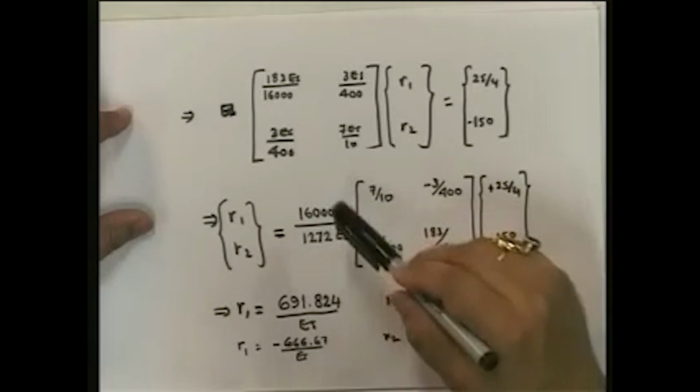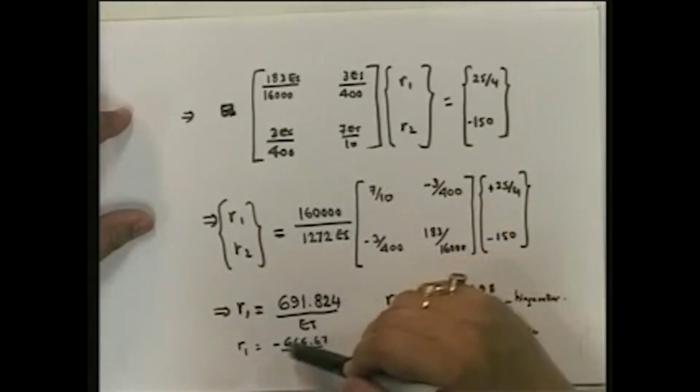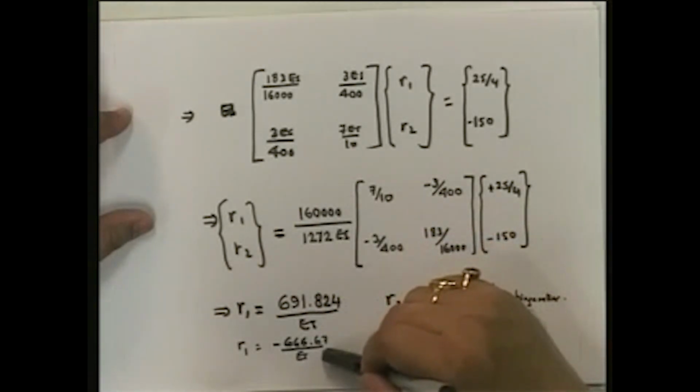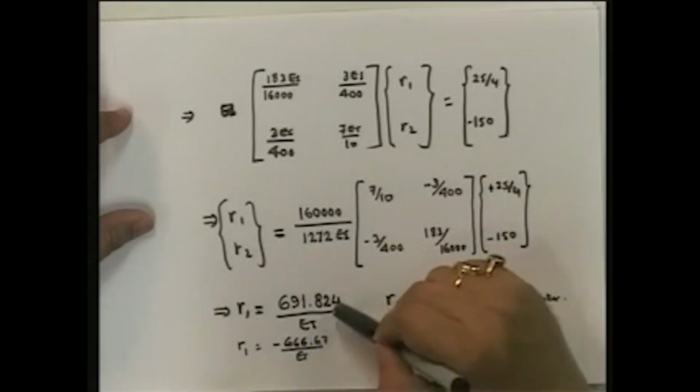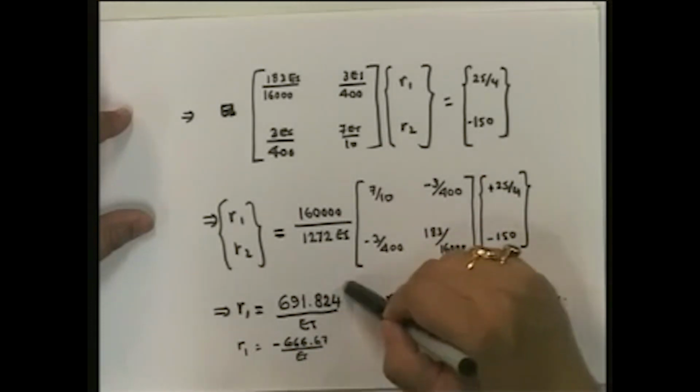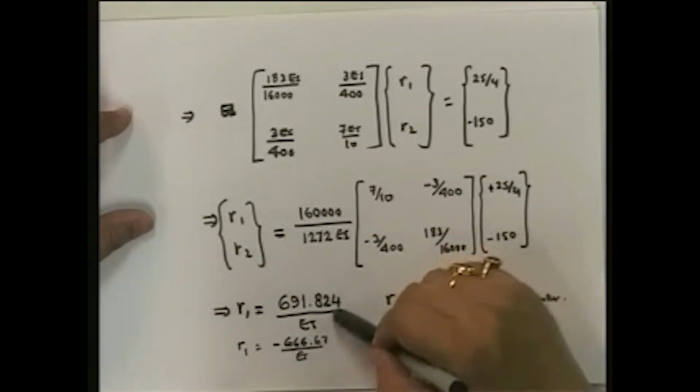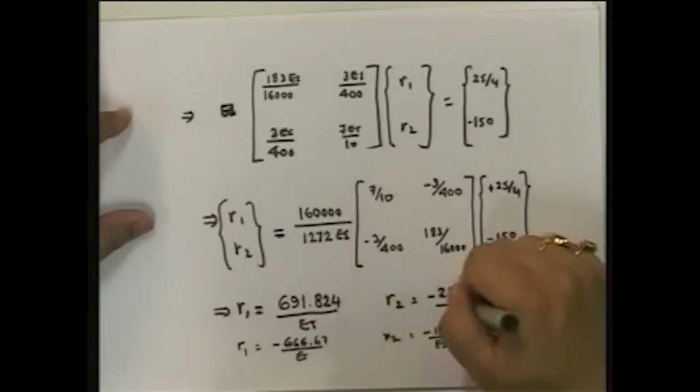And more interestingly, you see R1 was downwards when it was fixed. Now that you remove the restraint, it's actually upwards. Isn't it very interesting, what kind of an effect? You would think, what have I done? I have actually just taken a support at one point, and all I have done is removed the rotational restraint.